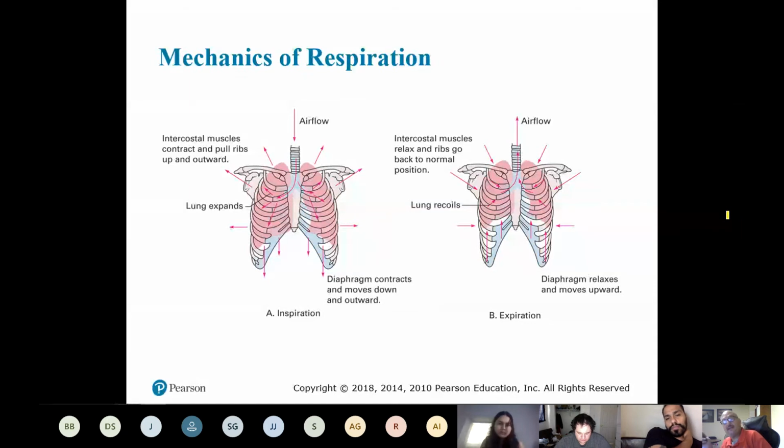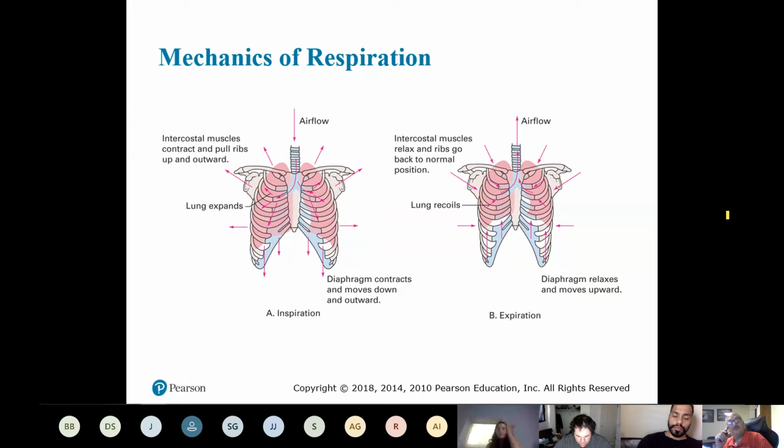So we get that carbon dioxide out into the environment. We breathe it out because that air is coming out now, trying to equalize. And we do that about 12 to 20 times a minute. Contraction, relaxation. Negative pressure, positive pressure. Negative, positive, negative, positive.